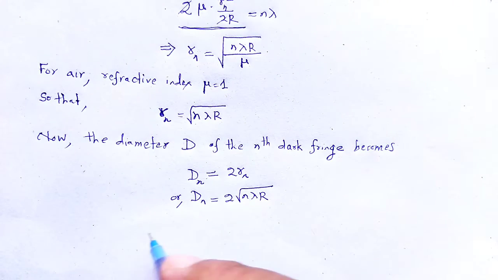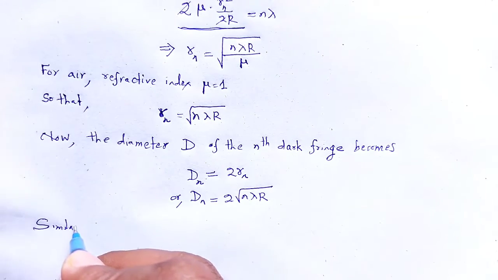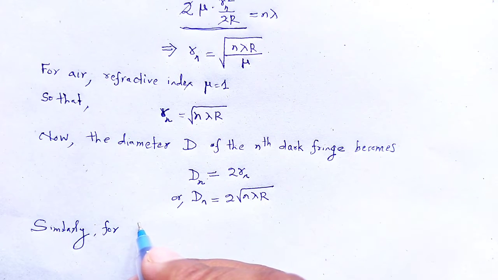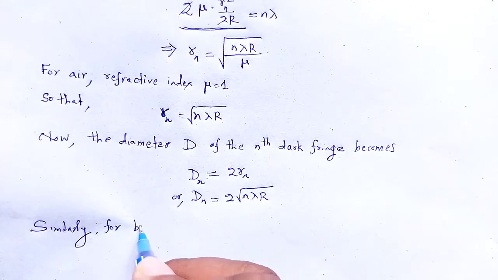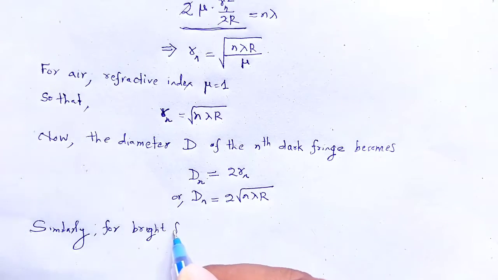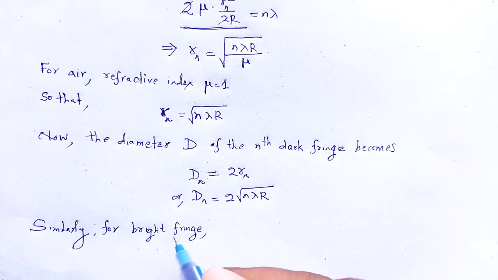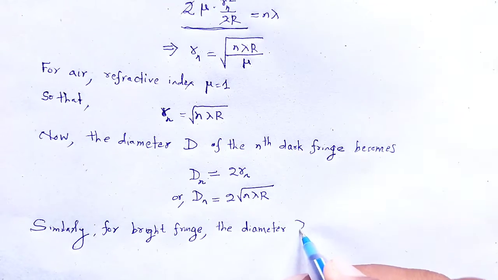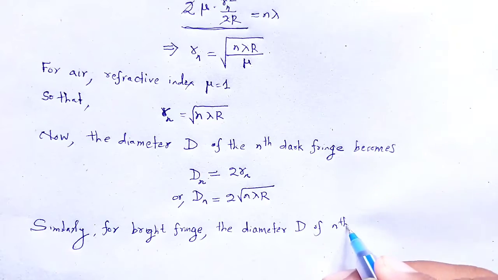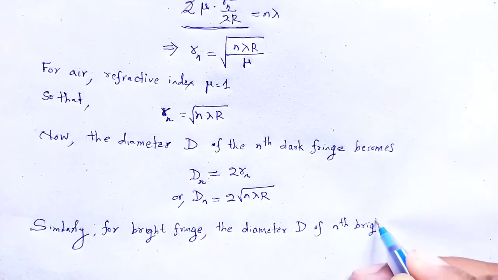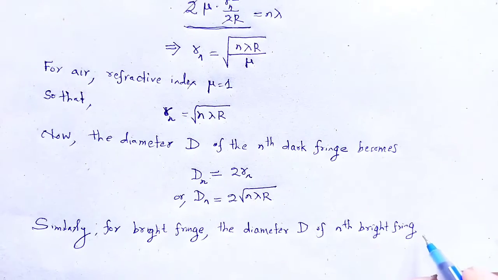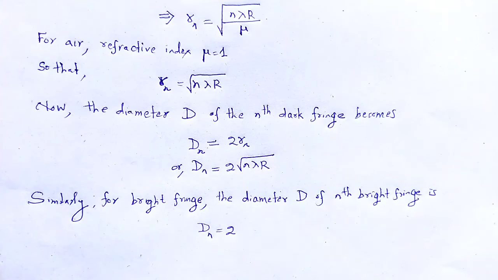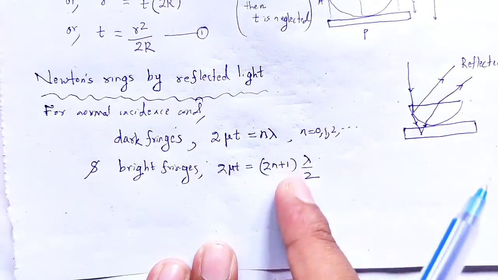Similarly for bright fringe, the diameter d of the nth bright fringe is dn is equal to 2 times, with the condition for the bright one, that is 2 mu t is equal to (2n plus 1) lambda by 2.